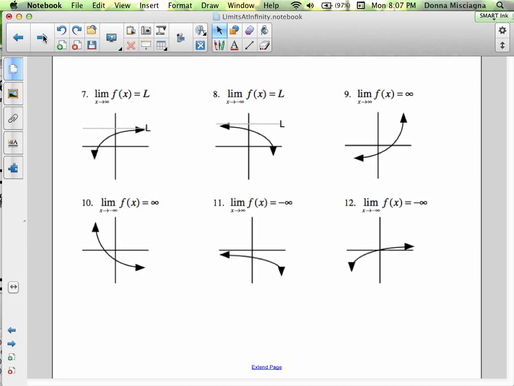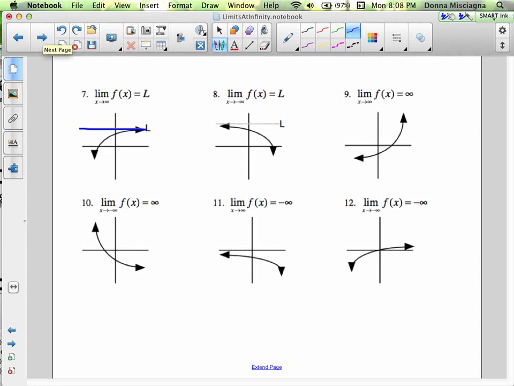Right, so here we have some more one-sided limits. Now we have noticed that our limits are all constant, or at least constant in the first 2 examples, but it's x that's approaching positive and negative infinity. So here we have a horizontal asymptote as x approaches infinity.